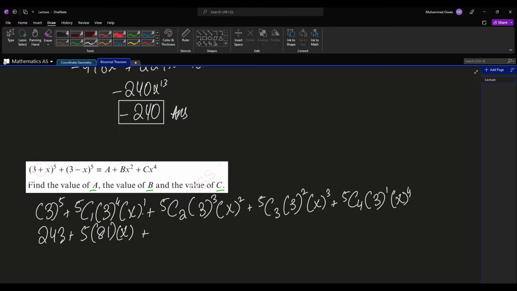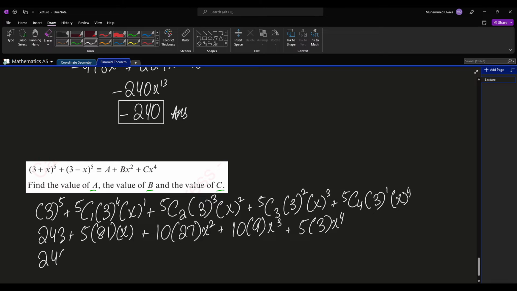Now 5c2 is 10, into 3 power 3, 27, into x square, plus 5c3, which is 10, 3 square is 9, x cube, plus 5c4, this gives me 5 into 3 into x powered 4.